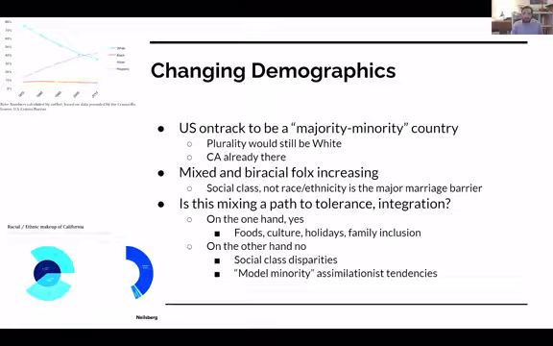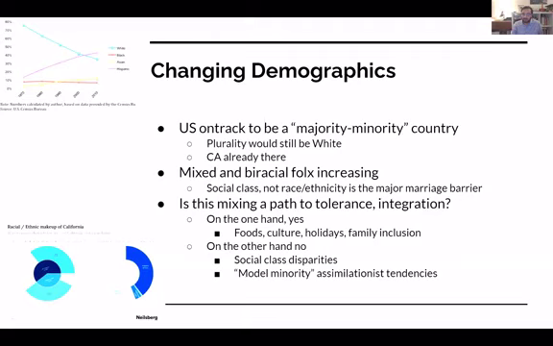The United States' demographics are changing rapidly. Soon enough, we will be a majority-minority country. In other words, the plurality of folks in the country will still be white. Plurality means the biggest single group, whereas majority is over 50%. And so the majority will soon not be white. California is already there.